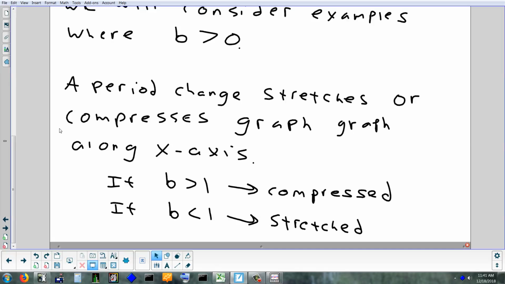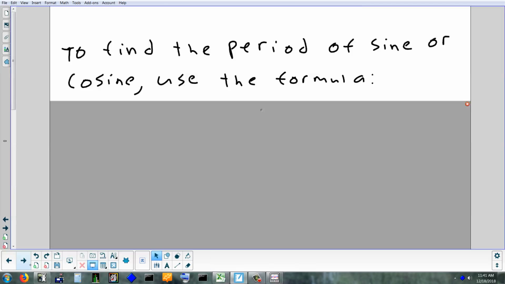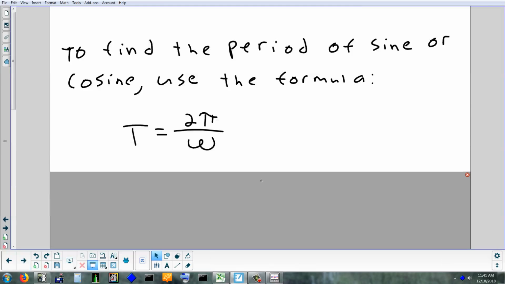All right. So that's horizontal stretch and compress. What they might ask us about this one is, now that you've stretched or compressed it, what is the new period? It starts out as 2 pi. To figure out the new period, this is the formula.